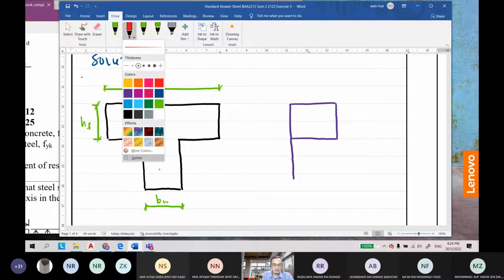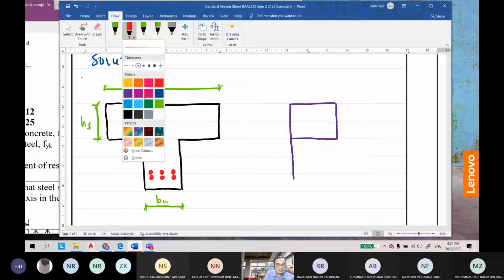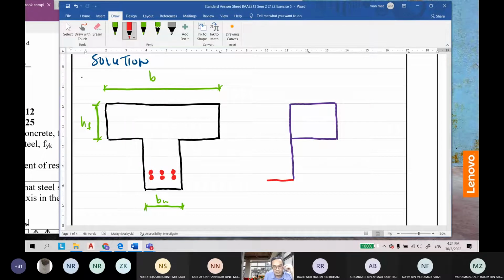Of course, this red color here, 1, 2, 3, 4, 5, 6. You must understand the concept, this is very, very important. I use a red color for this one. What is the red color now?